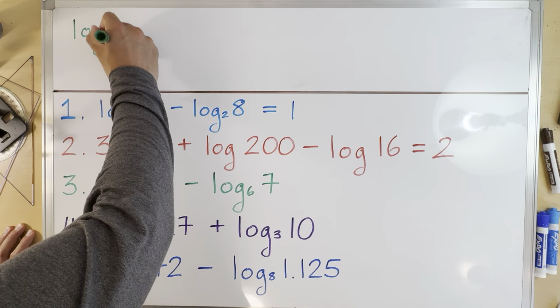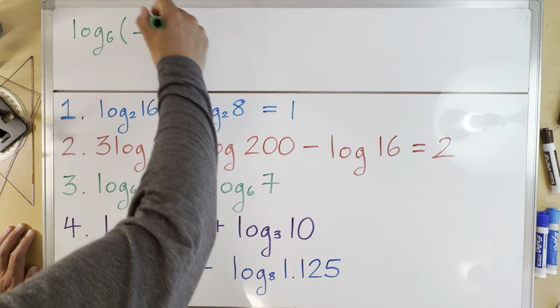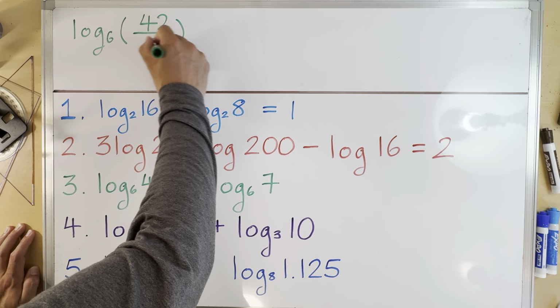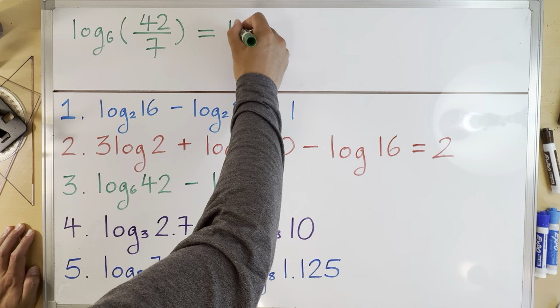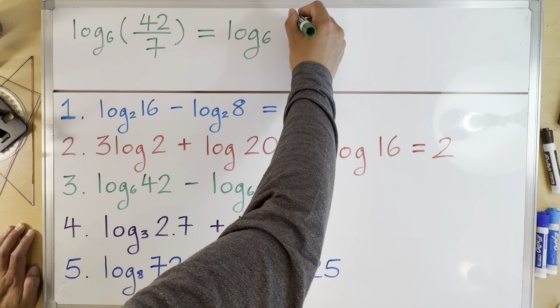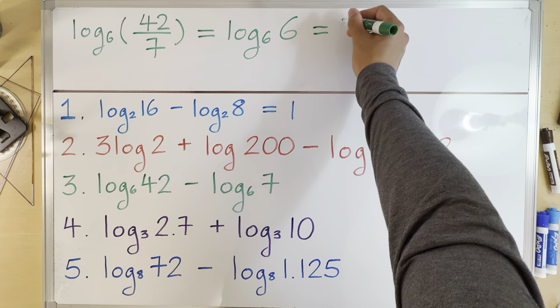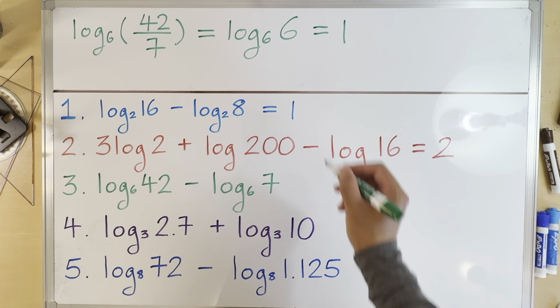Log base 6 of 42 divided by 7. This is equivalent to the log base 6 of 6. And that gives us 1, because 6 to the power of 1 is equal to 6.